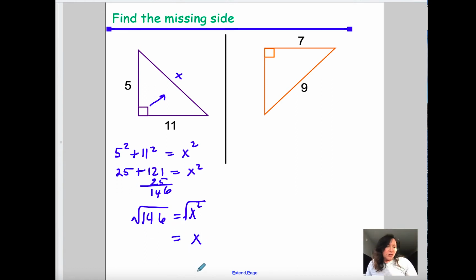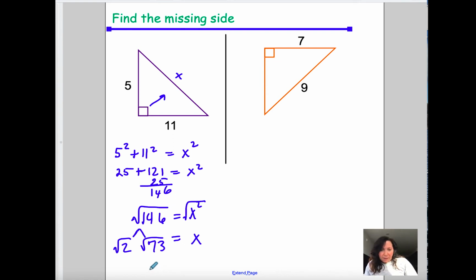Now, I don't want you to use a calculator to give me a decimal, but you can use a calculator to reduce it if you have to. So if I were to divide 146 by 2, this would be the square root of 2 times the square root of 73, which I don't actually see something that would go into.